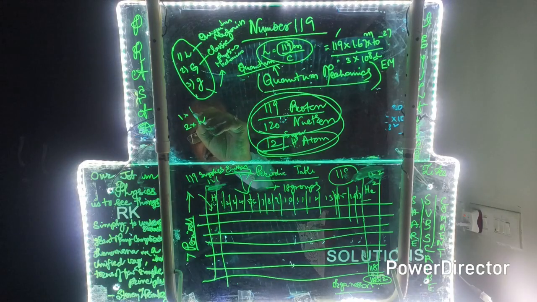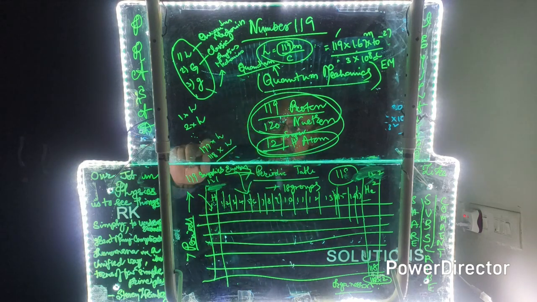This one will have one H, this will have two H, and it goes on like that, up to 117 into H. So each atom, as per its requirement, accepts one quantum. So this is basically the importance of 119.